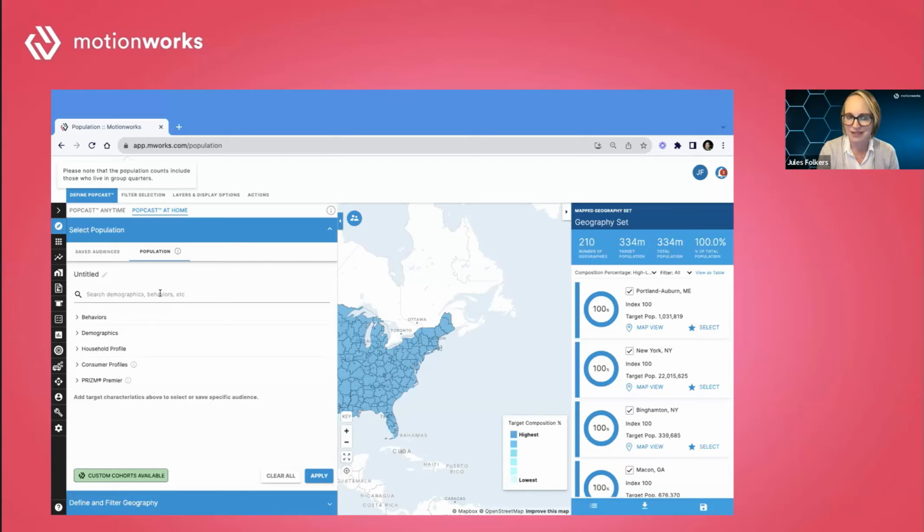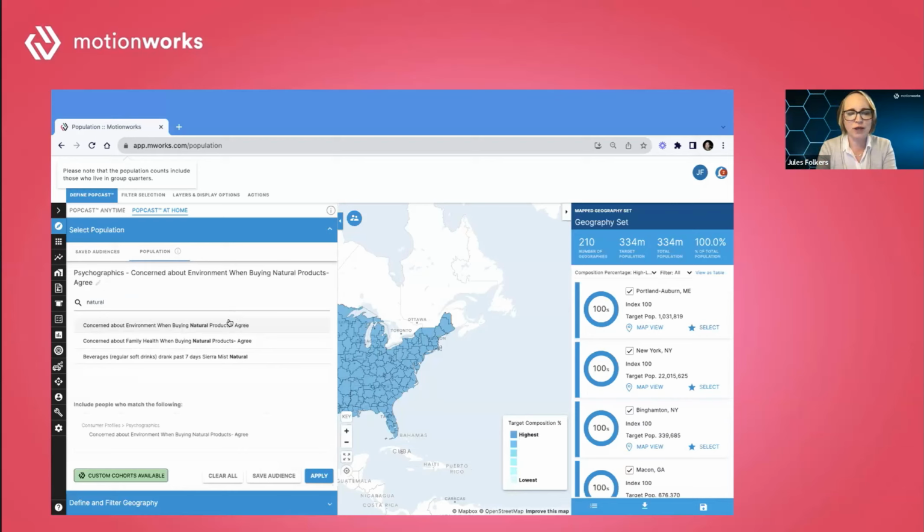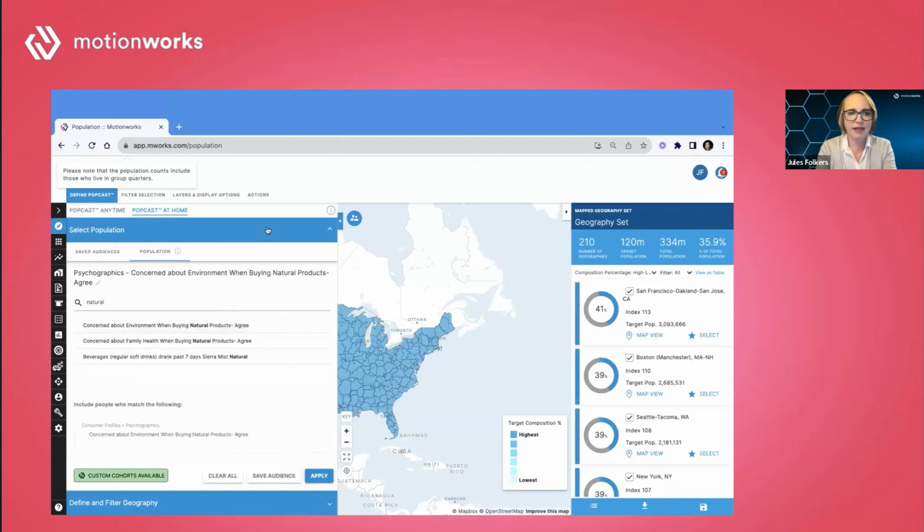The process of selecting them is made quite easy. Let's just say I'm going to use a quick keyword search, concerned about the environment when buying natural products. I'm going to apply that here.